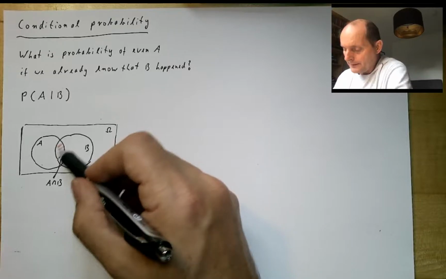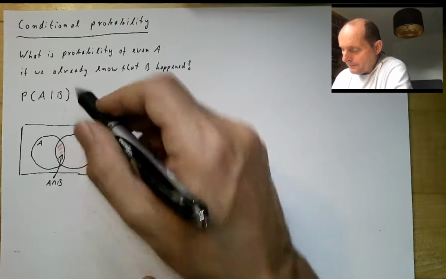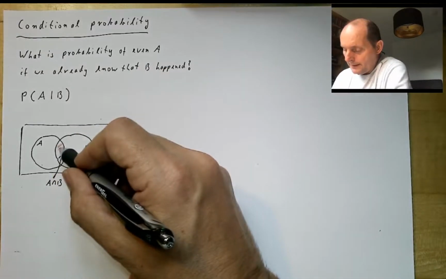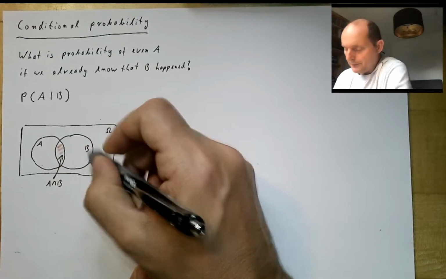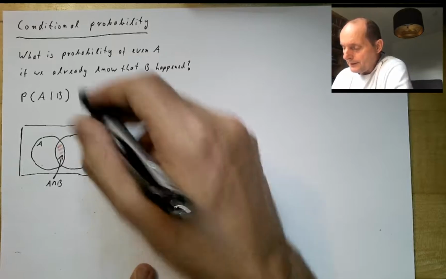The other outcomes of A are not possible because we know B is true. So we have the intersection, but this has to be taken relative to the size of B because we know B happened already.